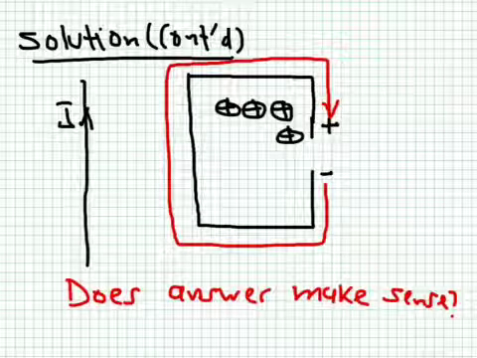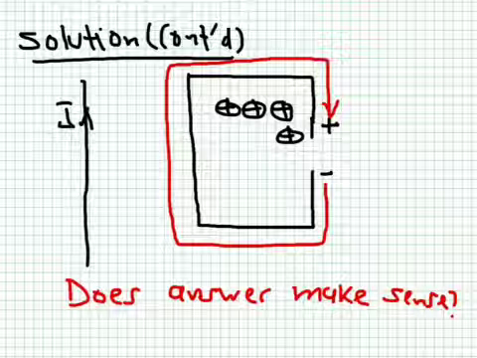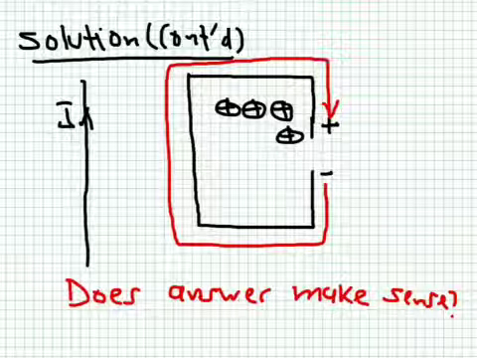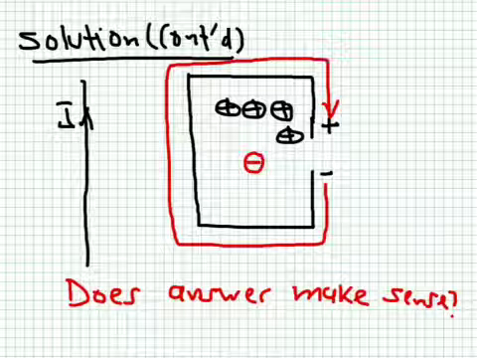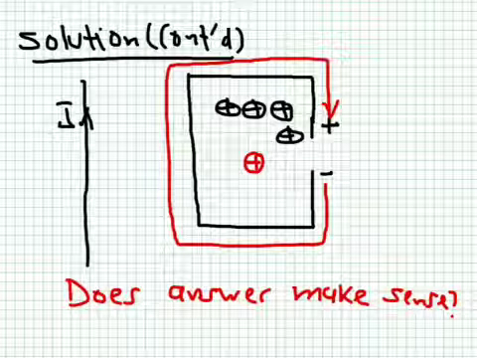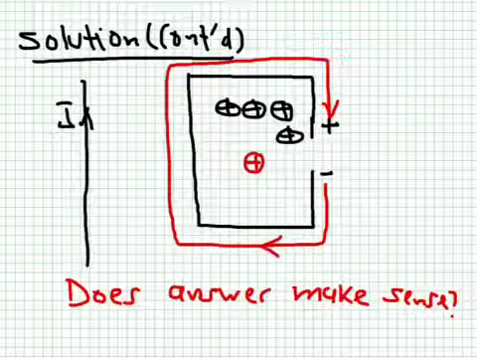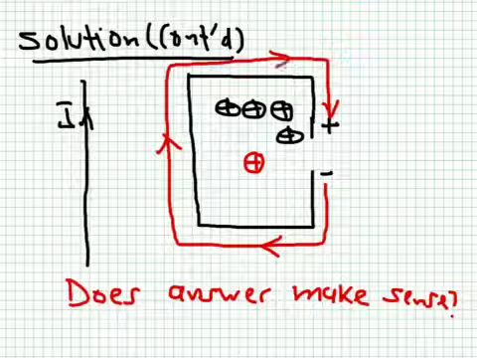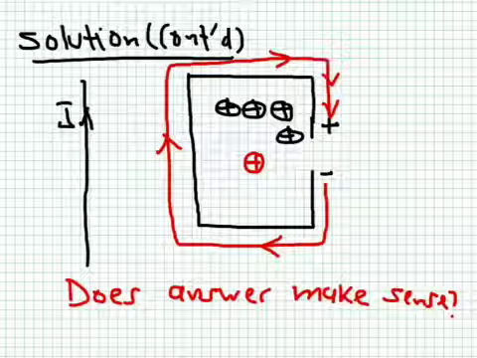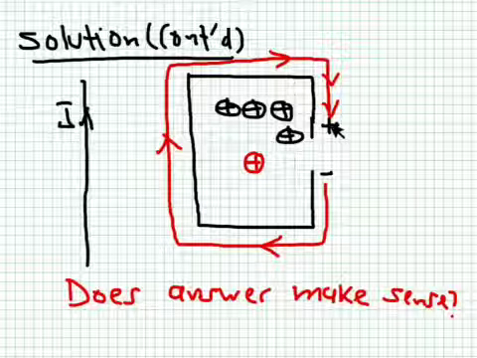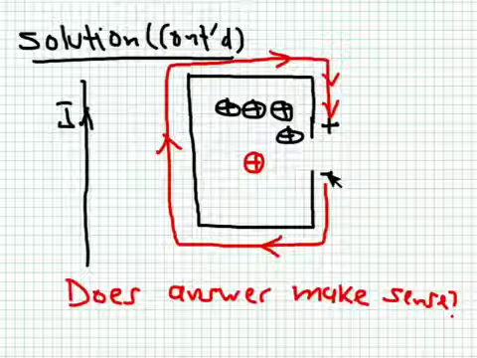Here, because I calculated psi by integrating over this area, the unit normal over this area is actually going into the page. So the direction of dl I should be using for my integration is this direction here. You could see, because my answer was positive, this means that this terminal is always positive relative to this one.